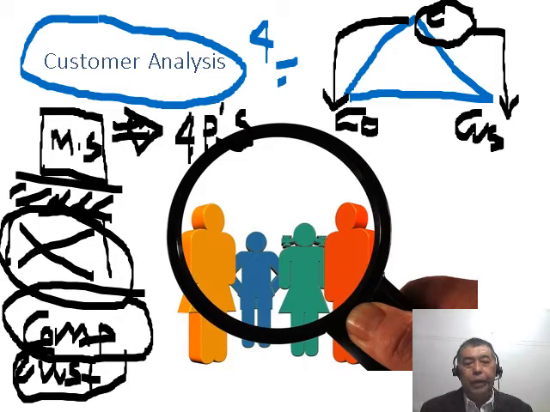So therefore, in order for you to launch a competitive strategy, you have to understand the customer analysis and the competitor analysis. So let's start with customer analysis. You can see in this figure or graphical representation that each of the persons or individuals have different color coding.